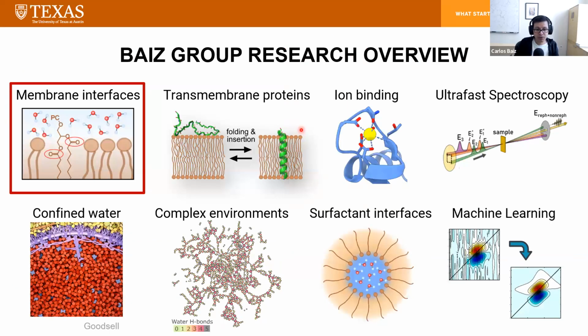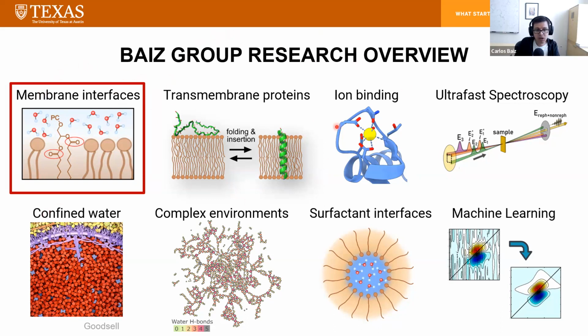Just to give you an overview of the types of projects that we have going on in the group, I don't want to dwell on any specific project for too long. Since we are a biophysics group, really understanding the physical chemistry of biological systems, we have quite a few things that we're working on. We've done a lot of work on membrane interfaces.